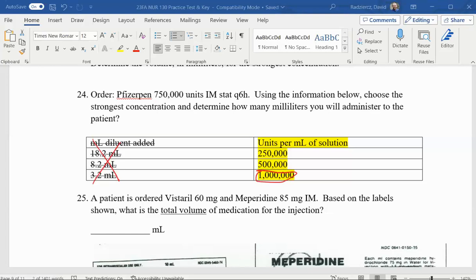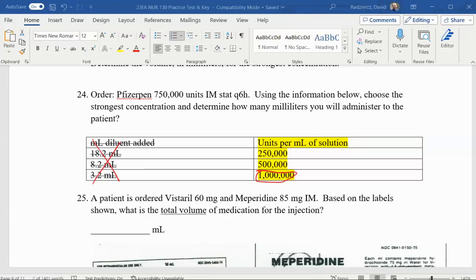I don't know if it's Blackboard or paper. I have no idea. Loading, yeah, I'm going to do the loading dose question. All right, 23 and 21. Dilantin loading, milligrams, kilograms.